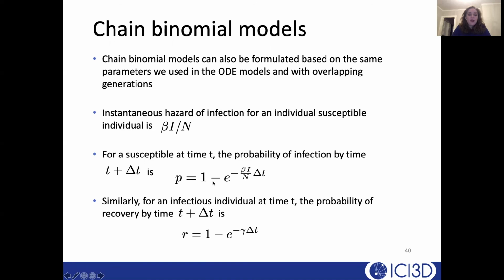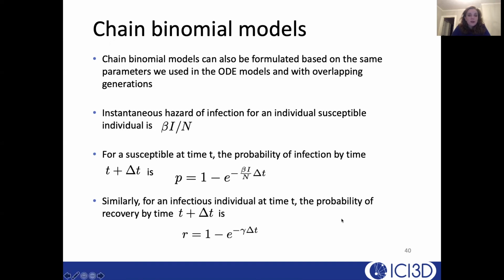And we have 1 minus e to the negative beta I over N delta t. This has to do with waiting time distributions, and we will discuss that a bit more in the next session.